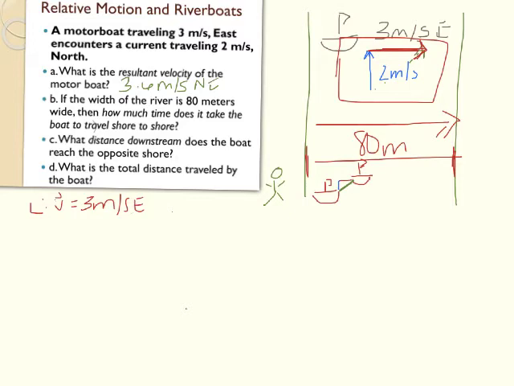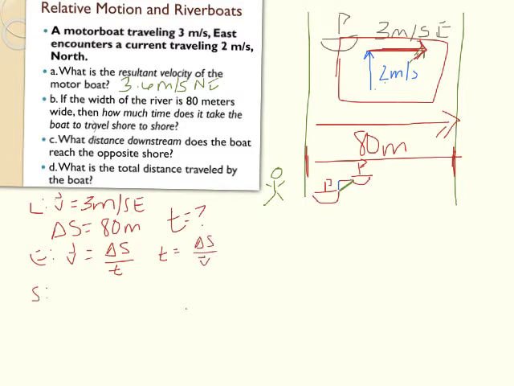So in order to do that, then we also know that our displacement is going to be 80 meters. Alright? And we want to know time. So our equation is going to be V equals displacement divided by time, and time equals displacement divided by velocity.